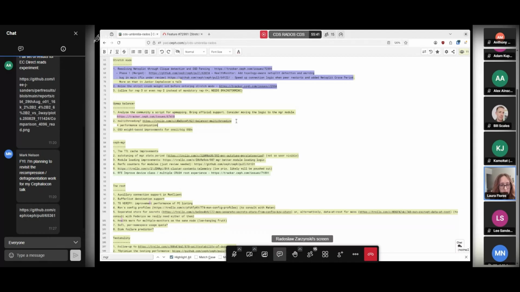So it won't be super user-facing. It shouldn't require any extra action on the user side, but it should improve performance around the operations that we're performing on PGs.